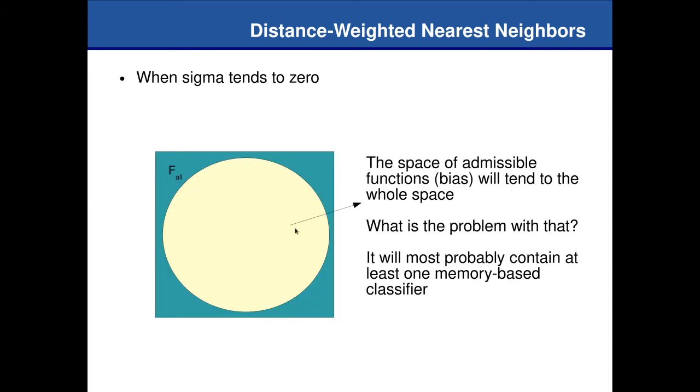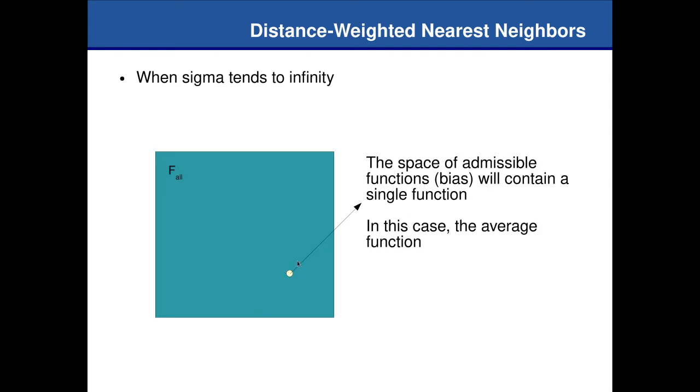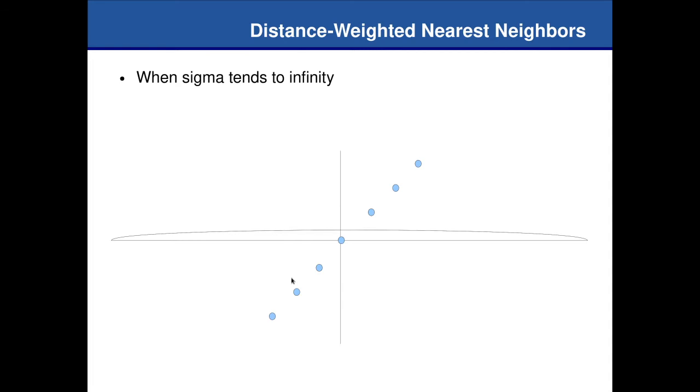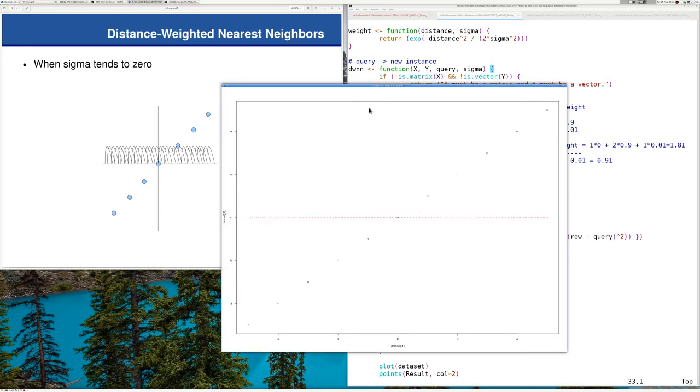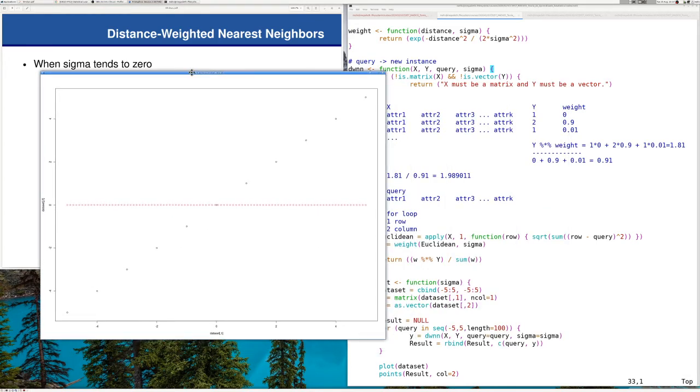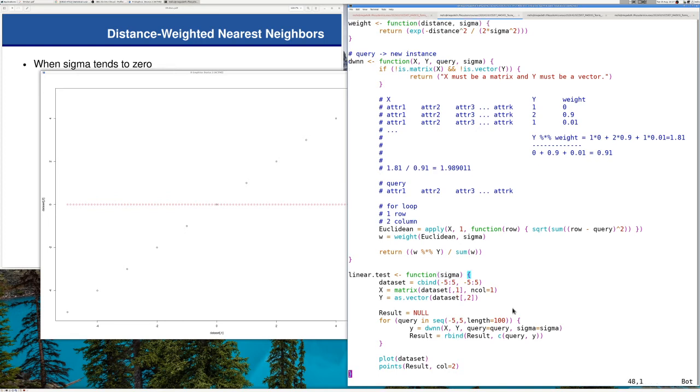Take a look. Many more. How many functions do I have here? Just one. That's why my bias is restricted. So you guys can see the distance-weighted nearest neighbors as a very nice example to understand the algorithm bias by changing a quite simple parameter, which is sigma, which is this sigma over here.